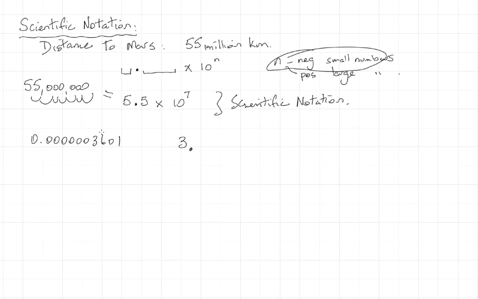So we've got 3 point, now we write the other digits, and it'll be times 10 to some power. It's going to be negative because this is a number that's less than 1, quite small. So how many places have we got to move the decimal place? 1, 2, 3, 4, 5, 6, 7. So 10 to the minus 7. That's purely coincidental. Very, very small number. So those two numbers are exactly the same. This is quite a large number.